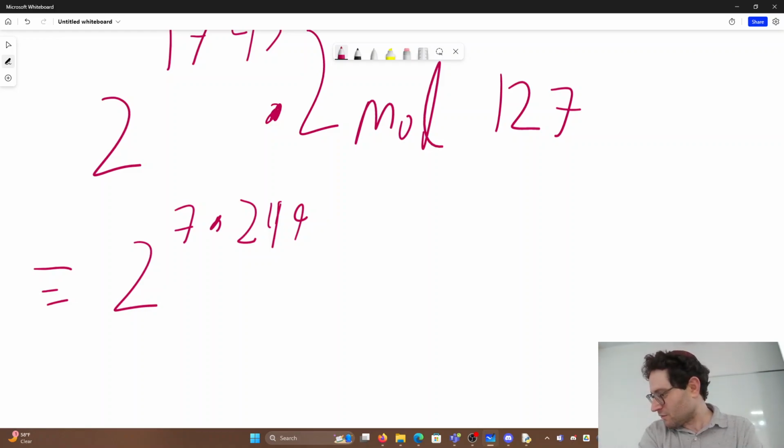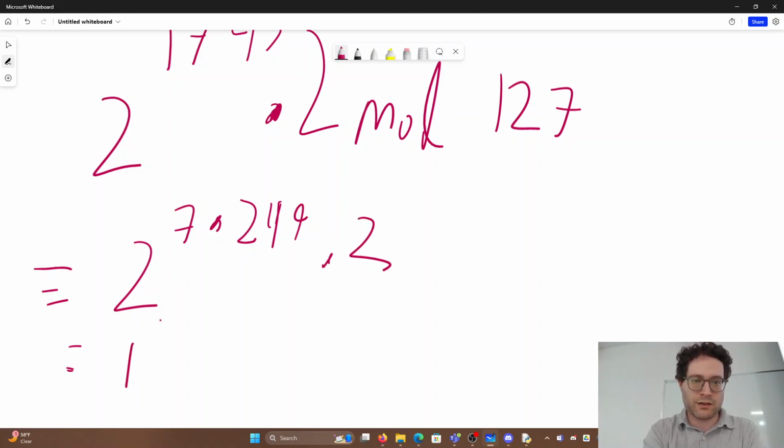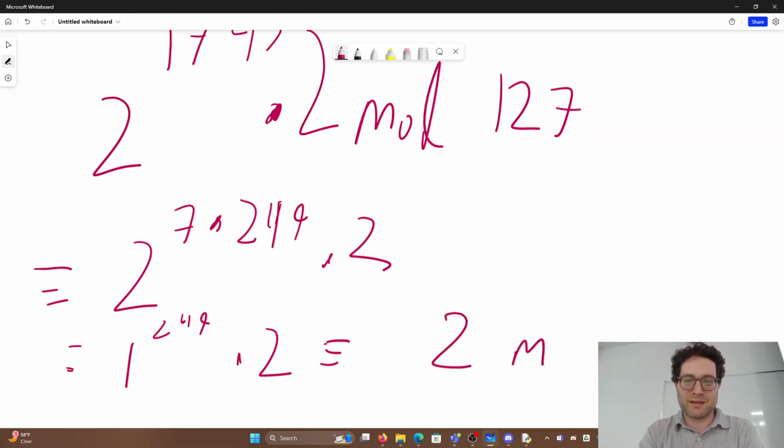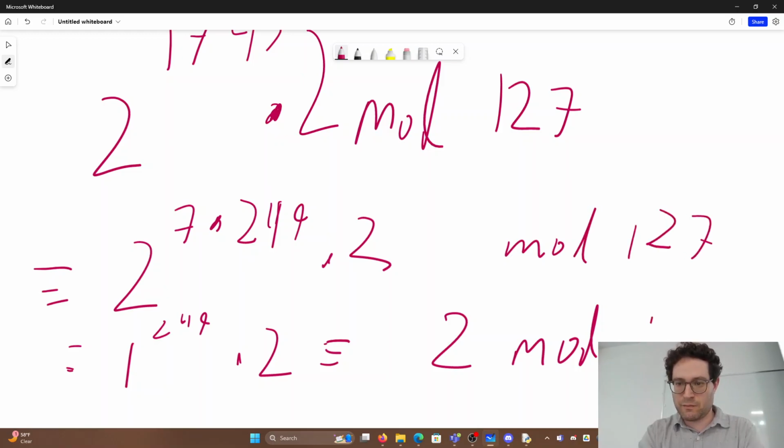It's just 1. So times 2. This becomes 1 to the 249th times 2, which is just a really fancy way of writing 1 times 2, which is 2 mod. And I should put in mod 127 all over the place over here, to be technically right.